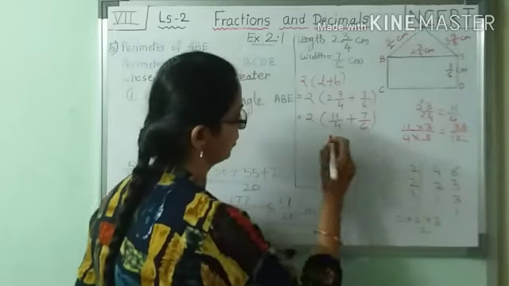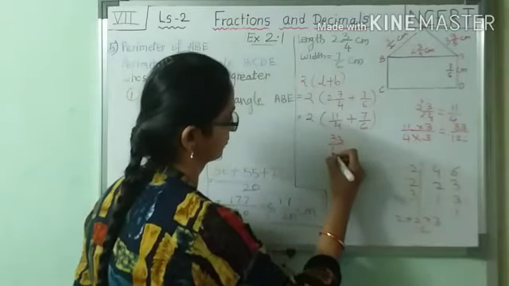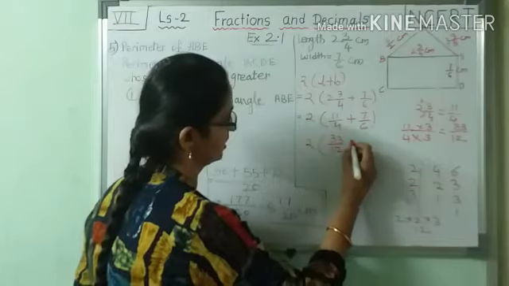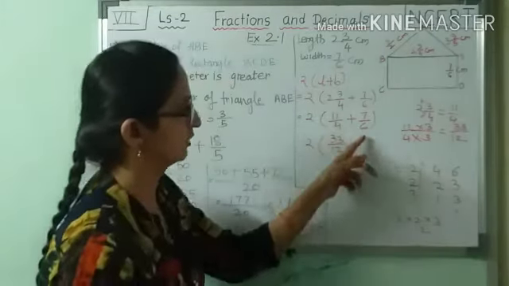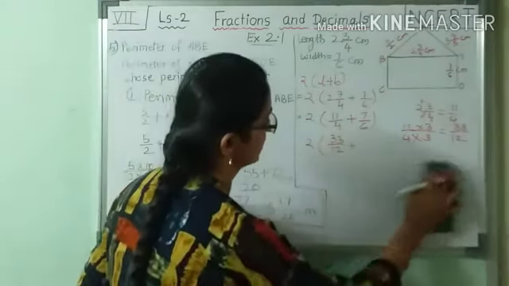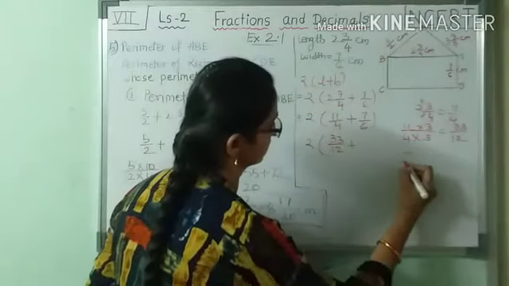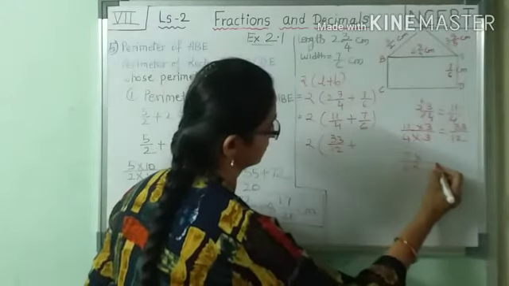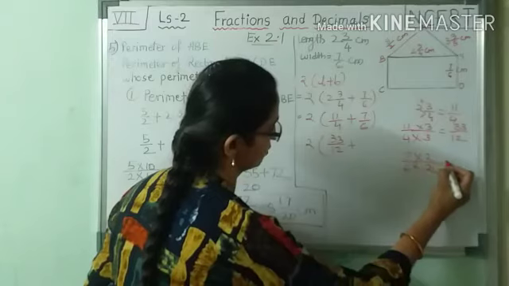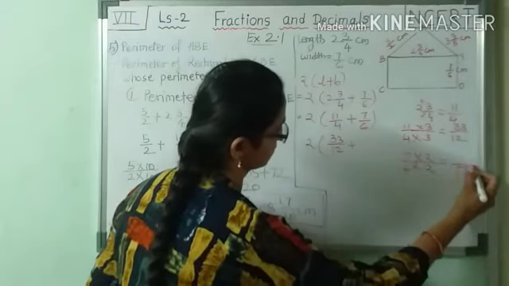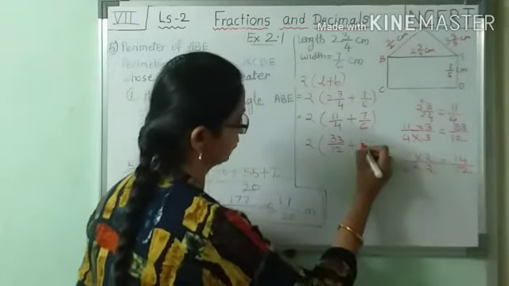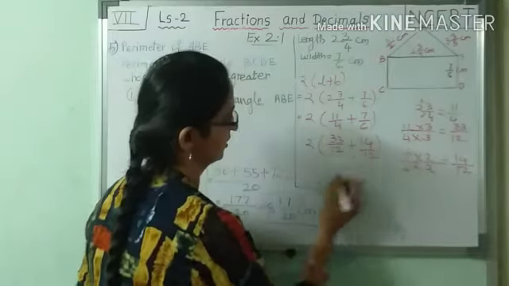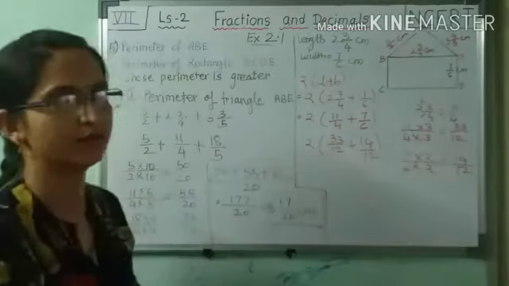So 33 upon 12 plus, for 7 upon 6, 6 2s are 12, 7 2s are 14. So 14 upon 12. Now the denominator is equal.